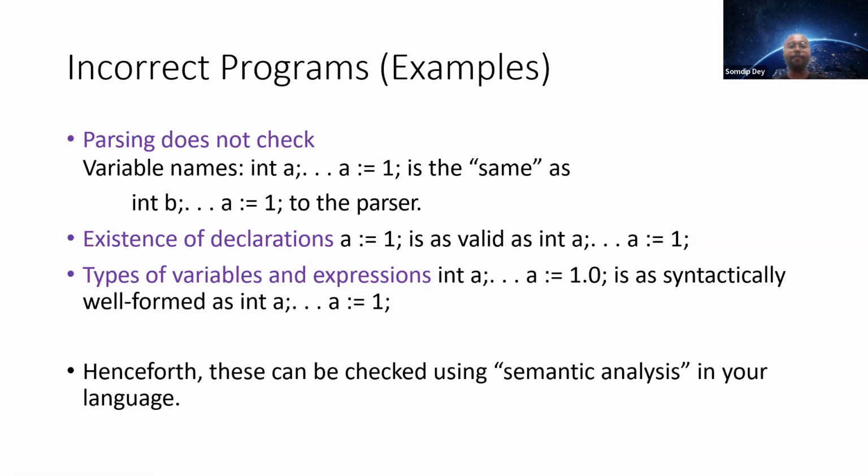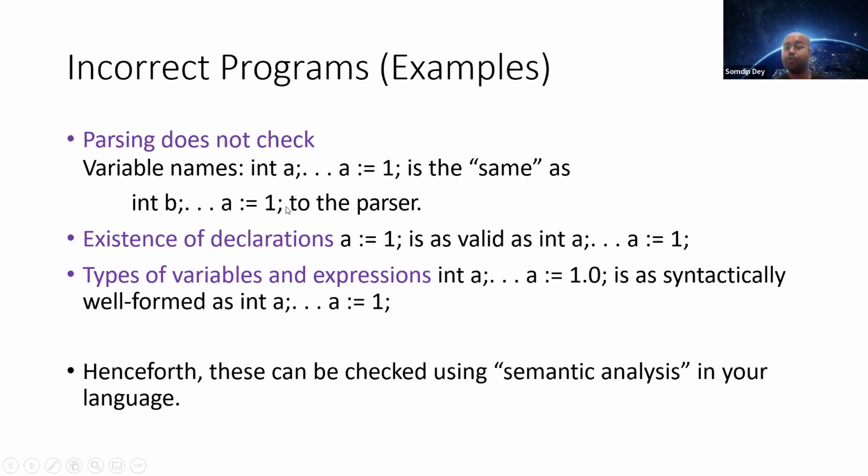Now, remember, as part of parsing, we generate the parse tree or the abstract syntax tree, but as part of parsing, we do not check for different forms of errors that could happen. For example, parsing does not check whether the variable names are the same or not, with an example given here.